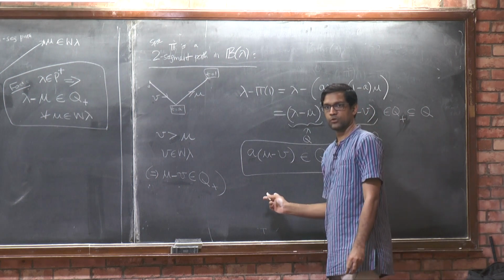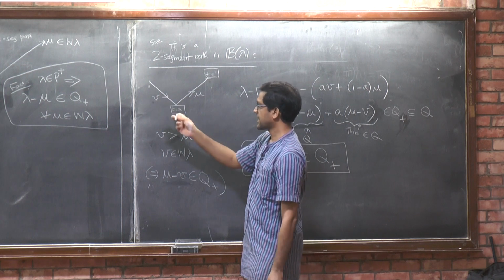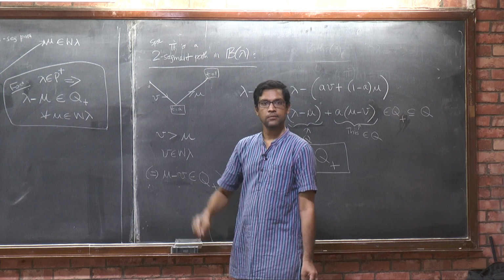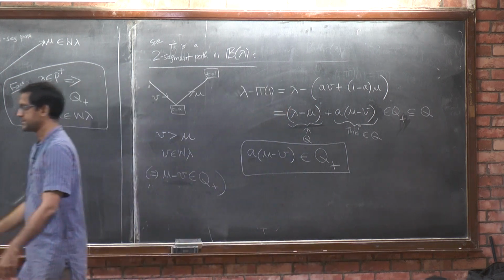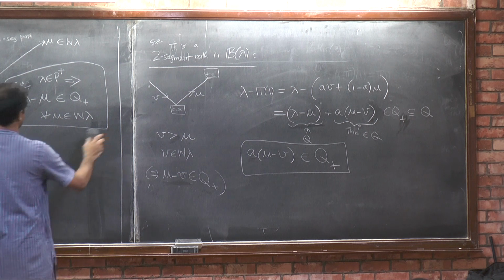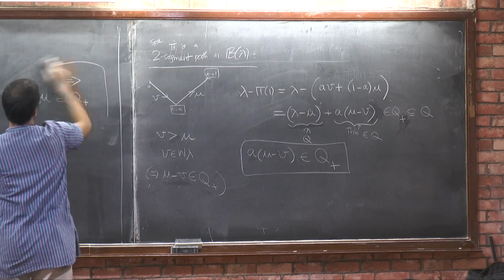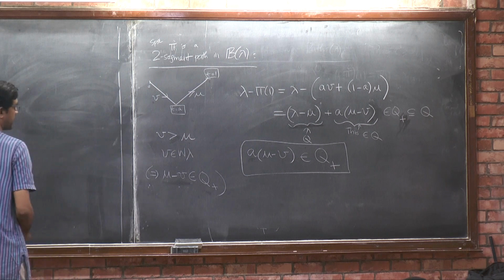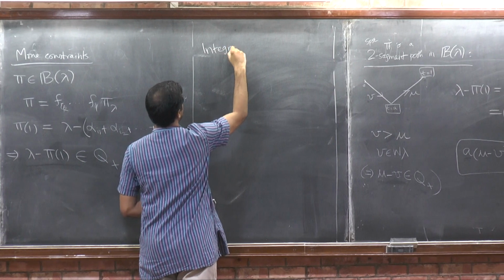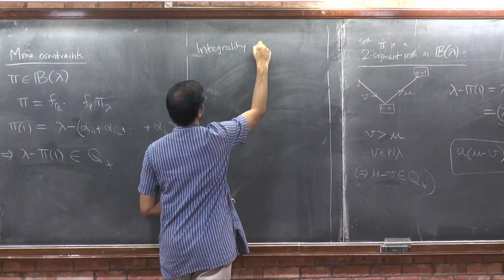Fine. So this is one more thing that we are deducing from our analysis of two segment paths. So let's put that in as part of another set. So this condition, we'll call this the integrality condition.